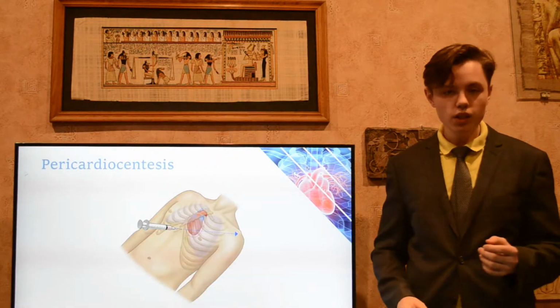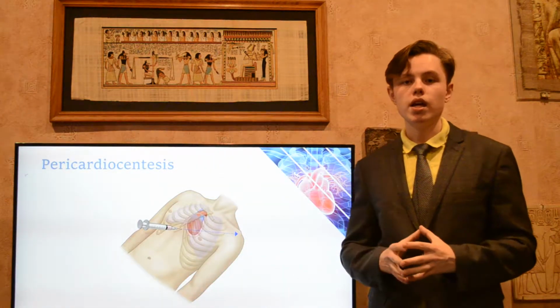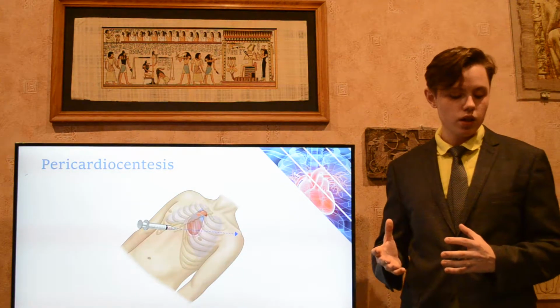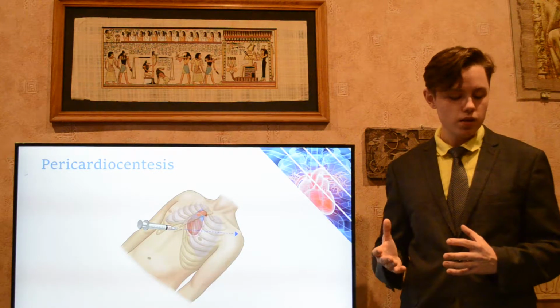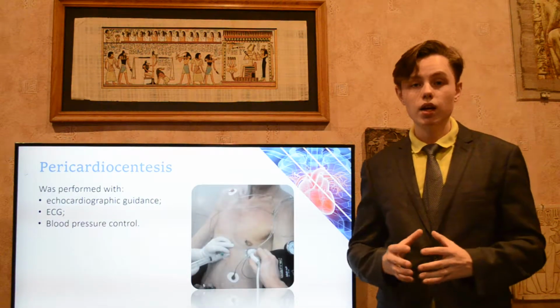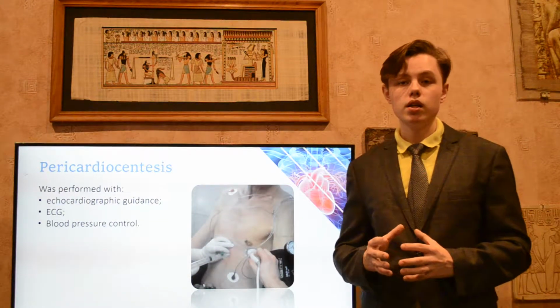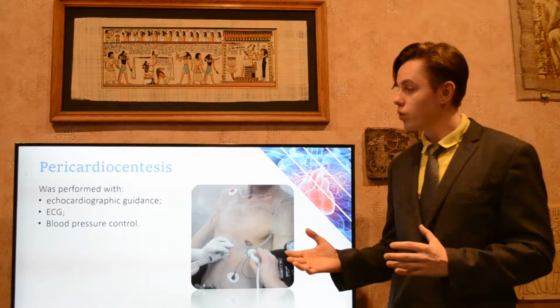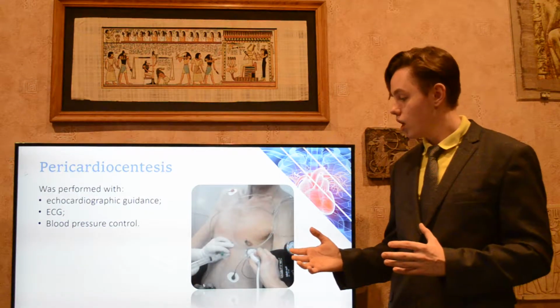Here on this slide you can see an image of pericardiocentesis when the subxiphoid approach is used. And on this slide you can see an image of a patient before pericardiocentesis.